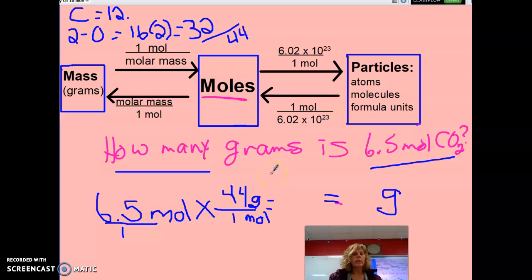So 6.5 times 44 is 286 grams. Now we look at that and ask, does that seem reasonable? Could it really be such a big number, 286? Well, yeah, because 1 mole is 44, and I have 6.5 moles. So it's going to be a pretty big number. That seems reasonable.